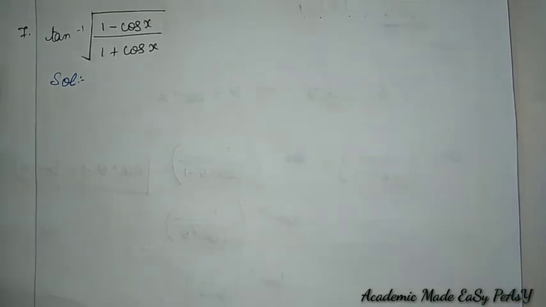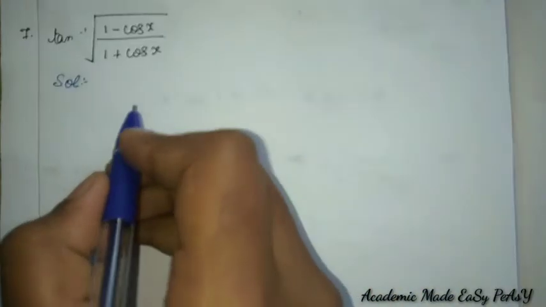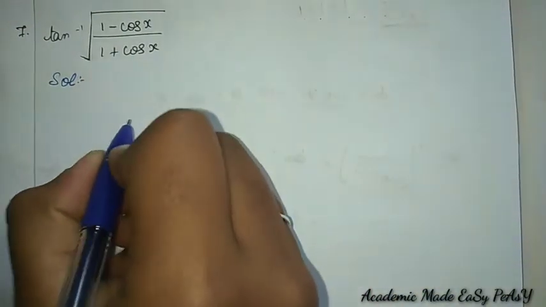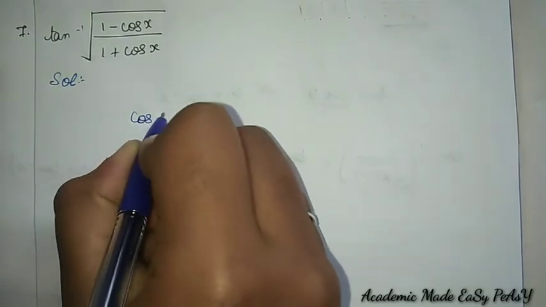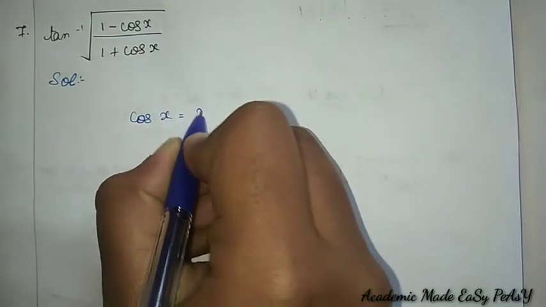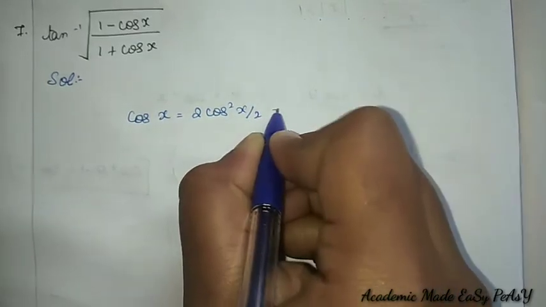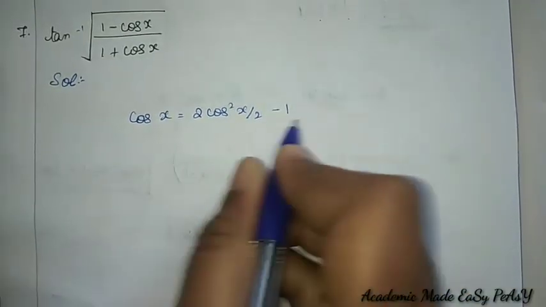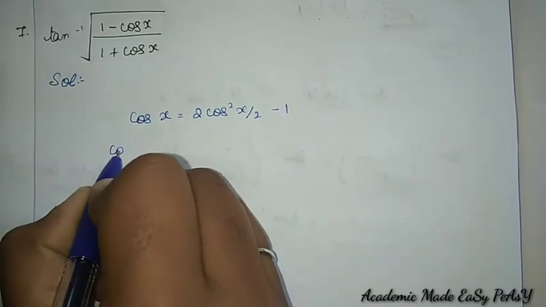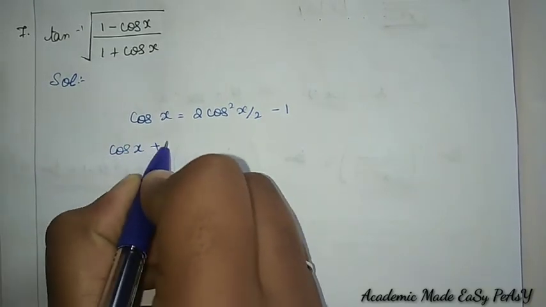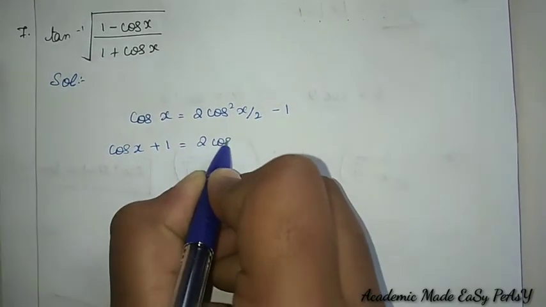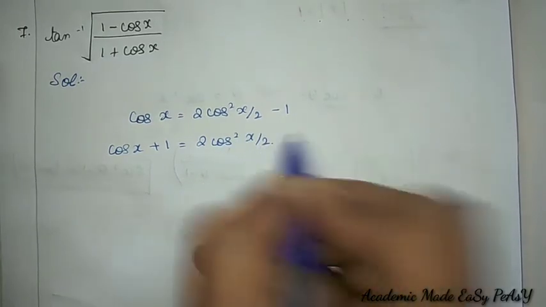When we look at these properties, we will have an idea, because cos x is equal to 2 cos square x by 2 minus 1, so cos x plus 1 is equal to 2 cos square x by 2.